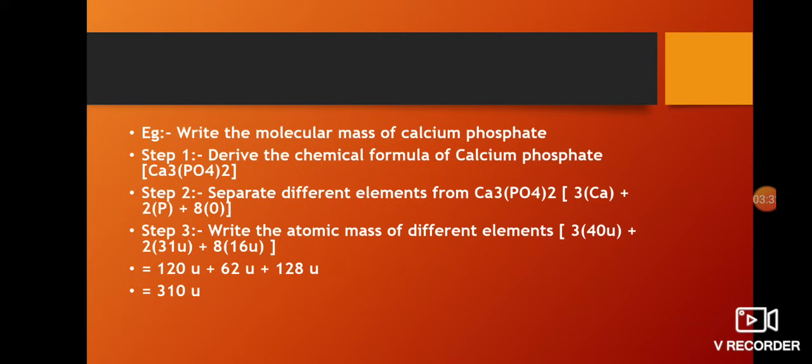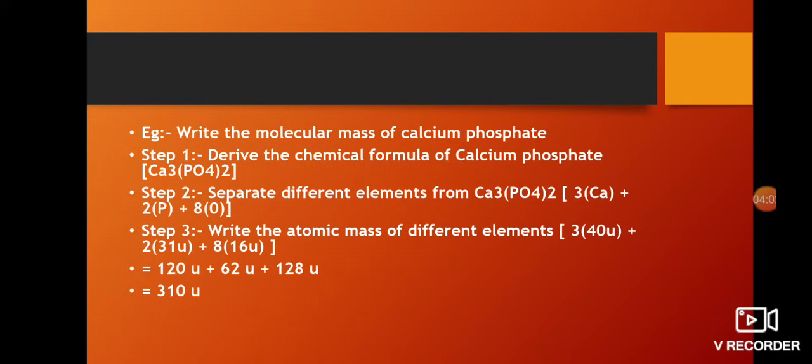So we have to write the numbers like 3 Ca plus 2 P plus 8 oxygen. Why 8 oxygen? Because 4 twos are 8. So here 3 Ca plus 2 P plus 8 oxygen. First we derive the formula, then we separate different atoms from the formula, and then we write their atomic masses, which we have already studied.